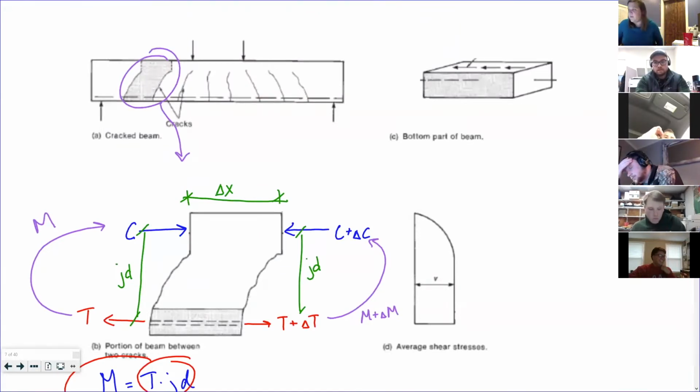So look at this bottom part of the beam up here at the top of the page.